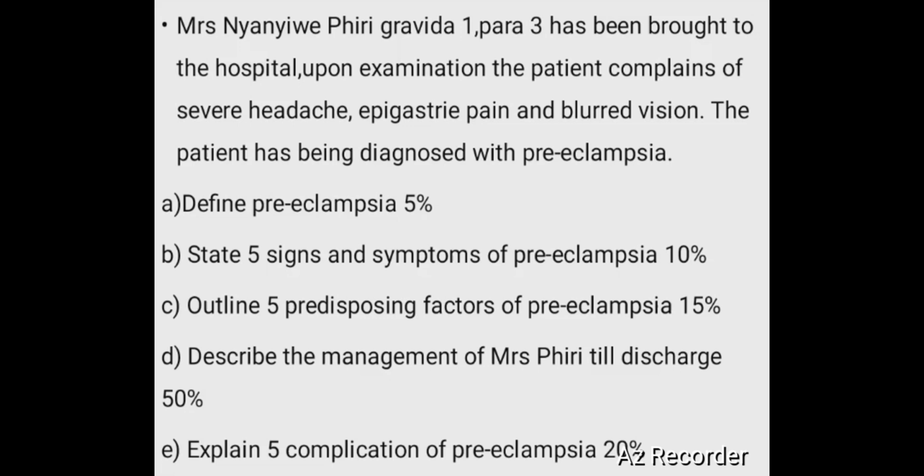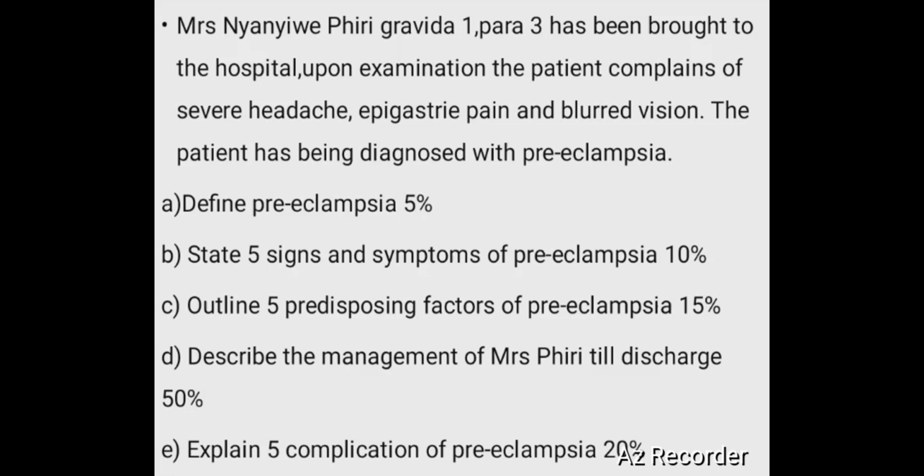Then another complication that can come about is the same DIC, disseminated intravascular coagulation. Here the woman can present with low levels of platelet count, which may cause the woman to bleed severely from all parts of the body, and in most cases it leads to even maternal death.